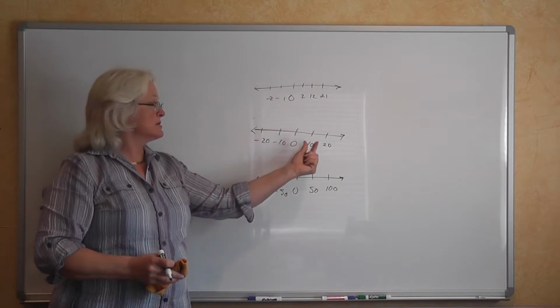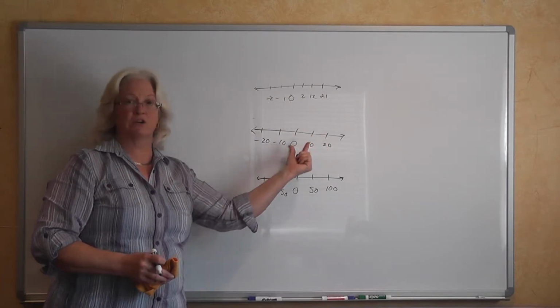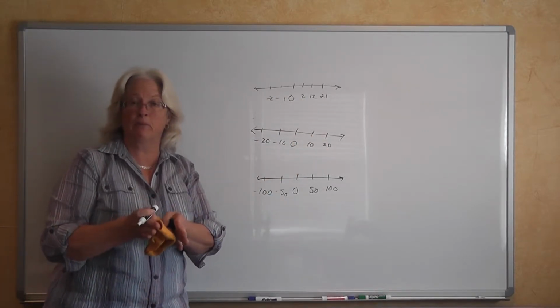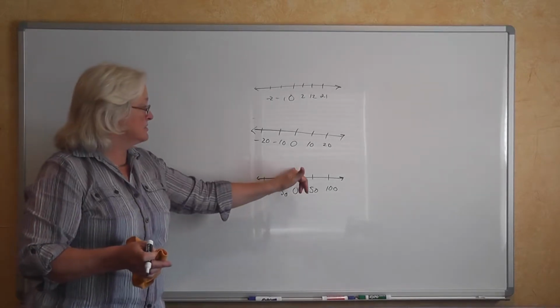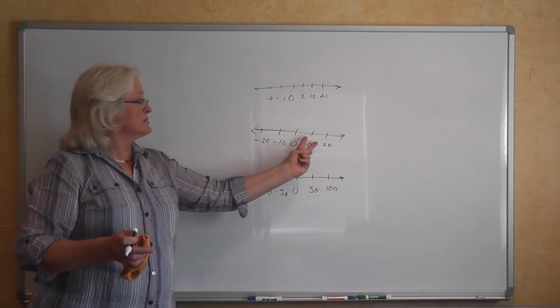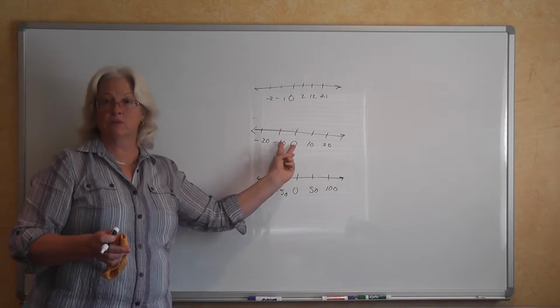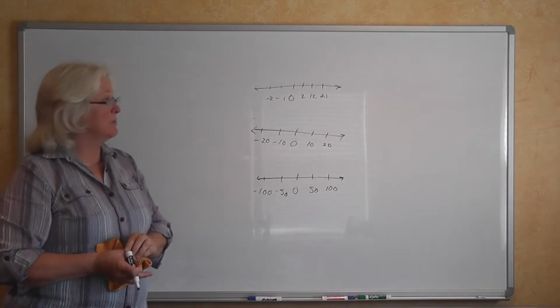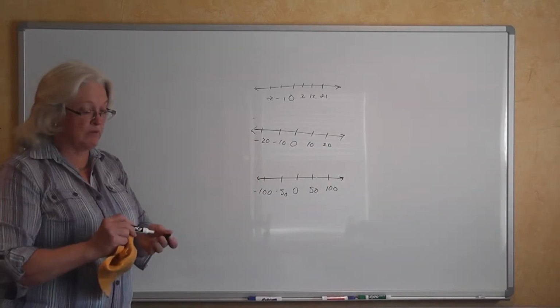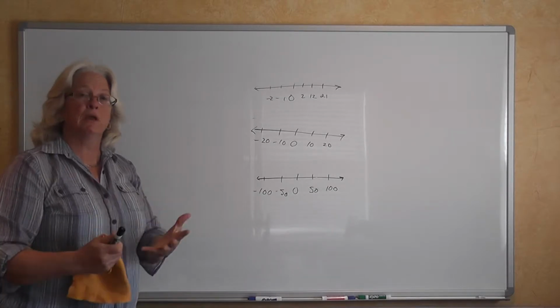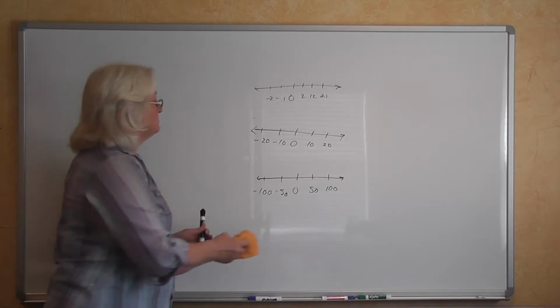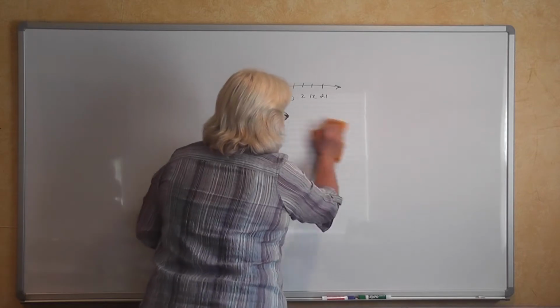The distance between the lines here has to be the same amount. Remember I said a unit is the distance from 0 to 1. The units here have to be the same. The spacing has to be the same for it to be a legitimate number line, and for that number line to be a true picture of whatever number it is that we're going to sketch.